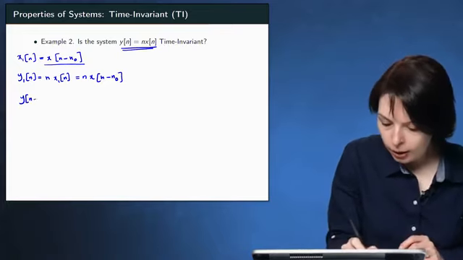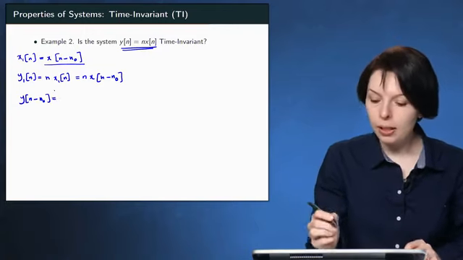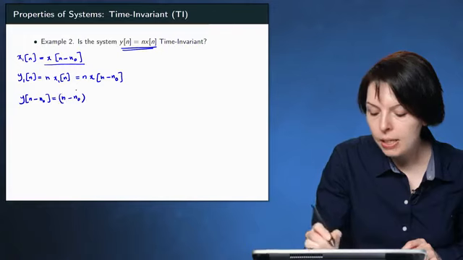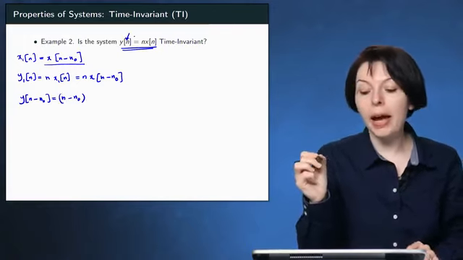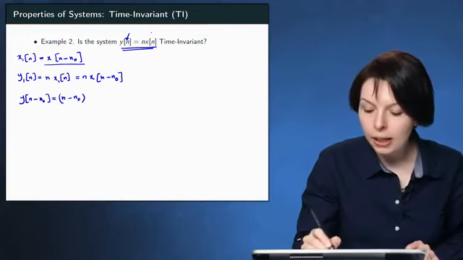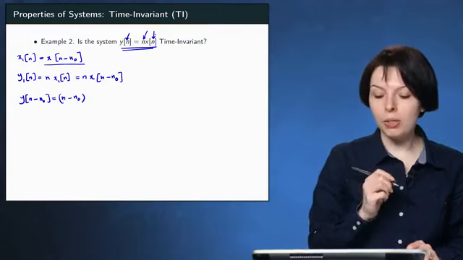n minus n naught. For y of n minus n naught, I'm shifting the output. That's going to be equal to n minus n naught. Because I have y of n and I want to find y of n minus n naught, whenever I see n in here, I'm going to change it to n minus n naught.